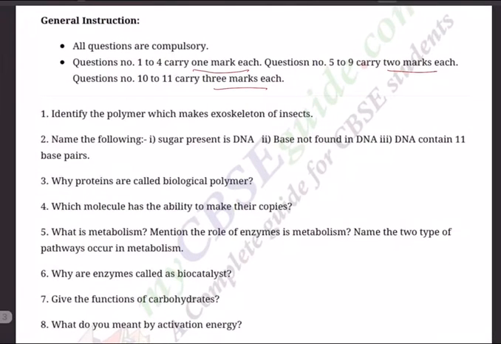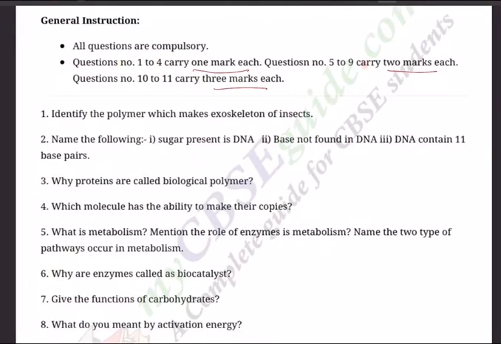Question 1, identify the polymer which makes the exoskeleton of insects. Exo means outer. Question 2, name the following. 1, the sugar present in DNA. The name itself is there, deoxyribose. Second, the base not found in DNA, so the difference between RNA and DNA.